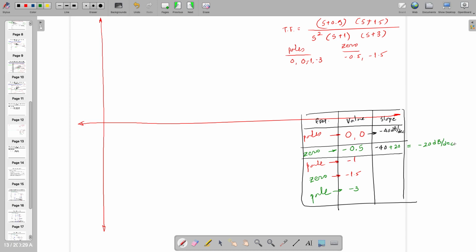Right? Now, what do you think about this pole? Minus 20 minus plus 20 minus 20. So this pole is going to contribute minus 20, but it will remember the previous minus 20 also, right? So it has to take care of the previous minus 20. So it's effectively minus 40 dB per decade.